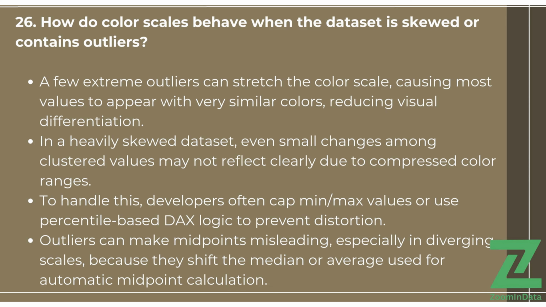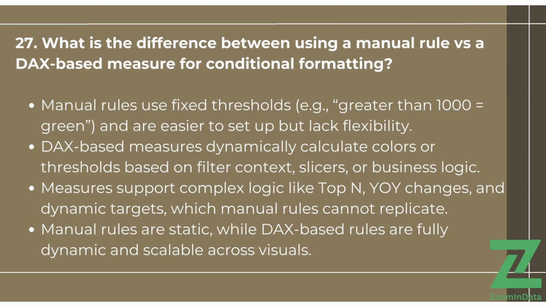Outliers can make midpoints misleading, especially in diverging scales, because they shift the median or average used for automatic midpoint calculation. 27th question. What is the difference between using a manual rule and using a DAX-based measure for conditional formatting?